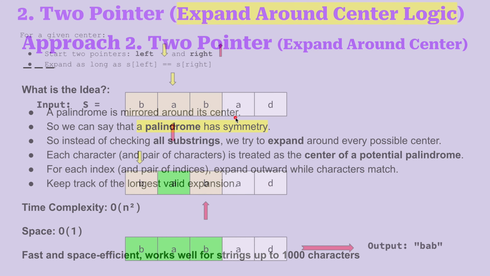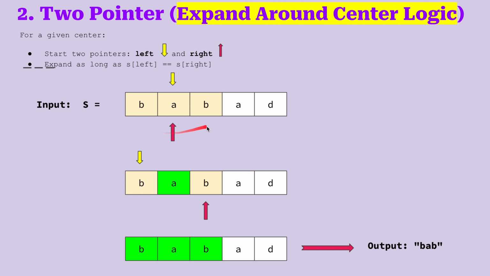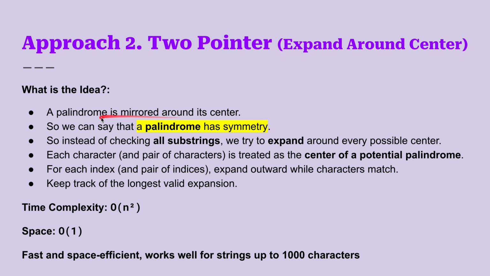If we take this center, you can see this part and this part, the left and right characters, both look like a mirror. So we can say a palindrome is a mirror around its center.